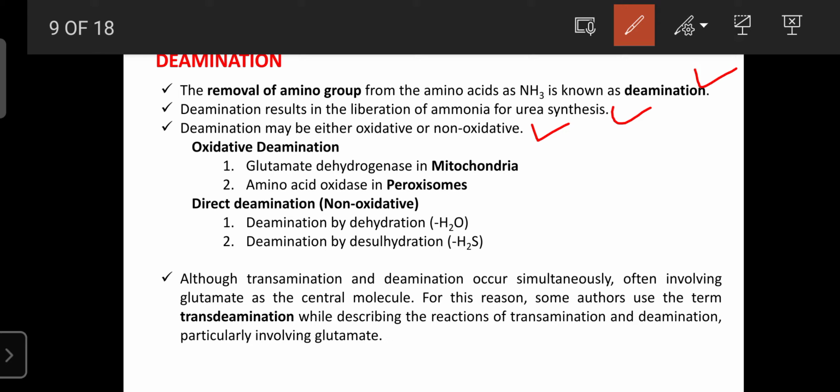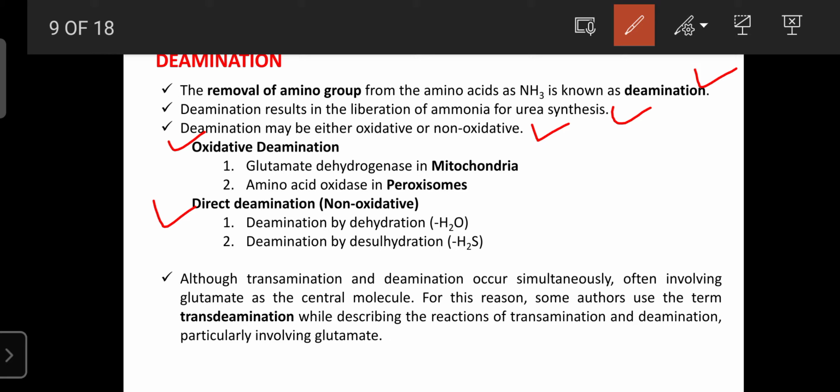So deamination reactions are mainly classified into two types: oxidative deamination and direct deamination, that is, non-oxidative deamination. In oxidative deamination, the important enzyme is glutamate dehydrogenase.